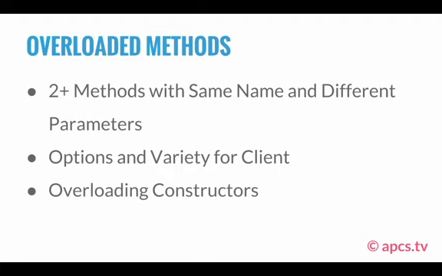So overloading is declaring, within a class, multiple methods with the same name but different parameters. Sometimes the client could have an argument for a parameter, and sometimes not, so it gives more variety. Next we're going to take a look at an example of an overloaded method.